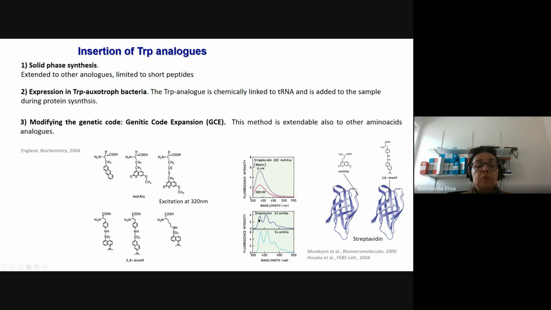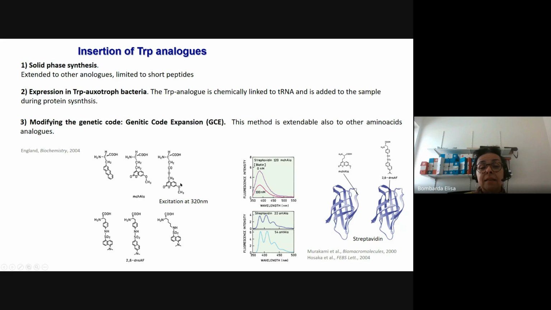And what I want to say is that these are examples of analogs of other amino acids that may be modified in order to become fluorescent probes.